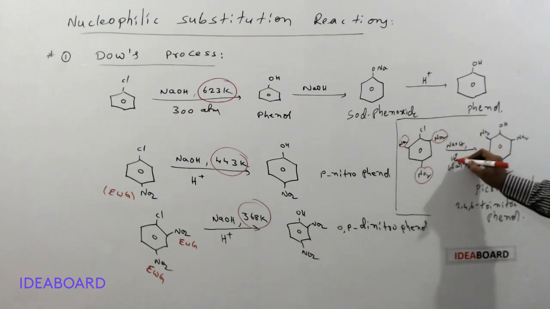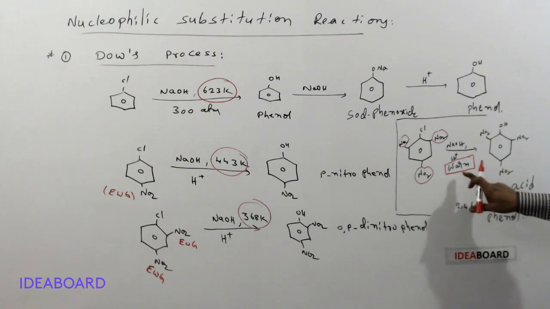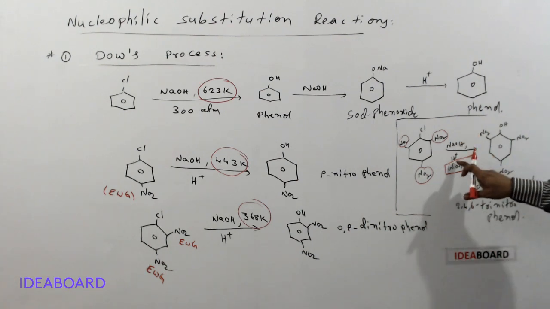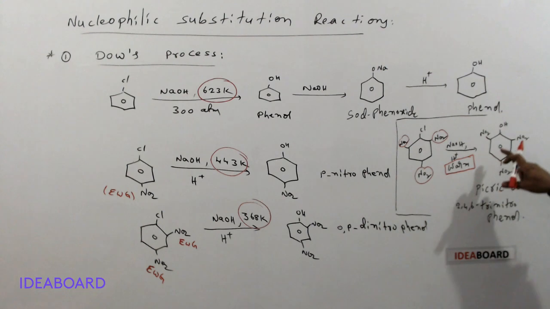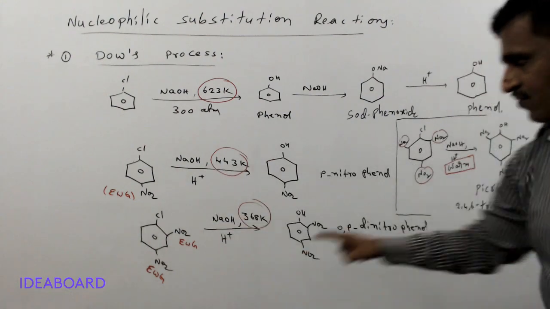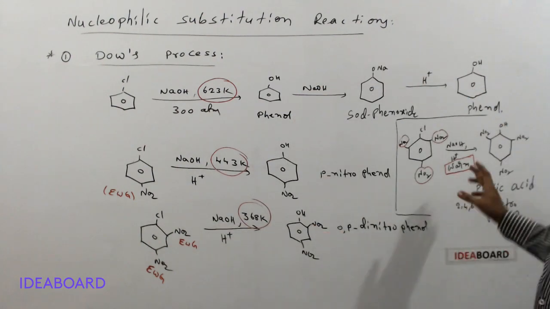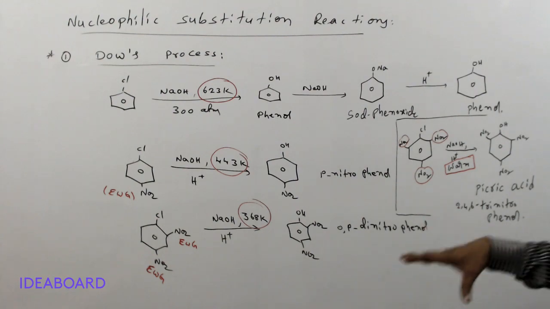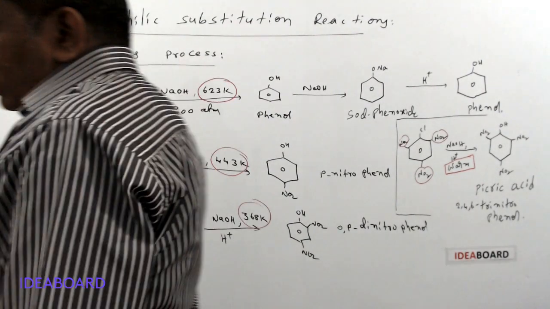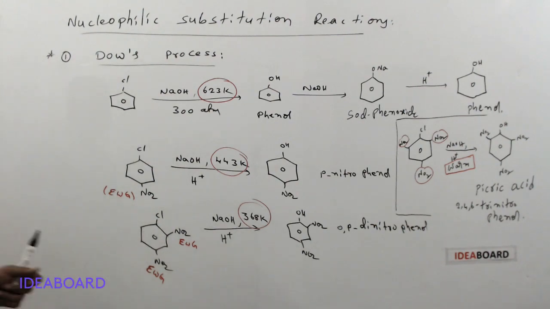What is the required condition? Just warming, taking NaOH and H plus, it gives trinitrophenol. Whenever we use electron withdrawing groups, there is no need for high temperature. So the reaction conditions will be different when we use electron withdrawing groups.